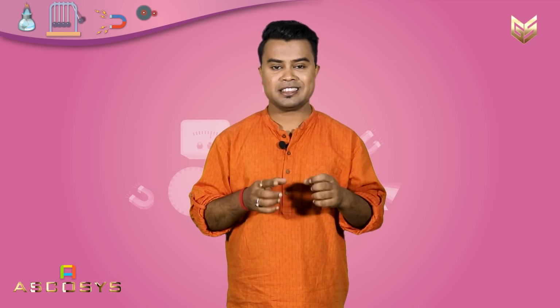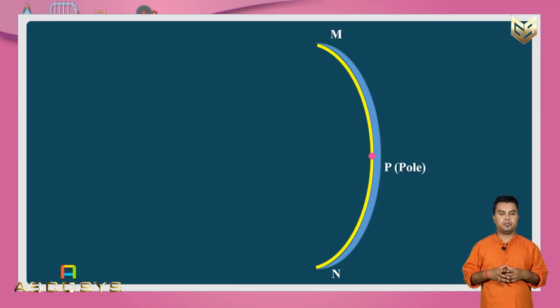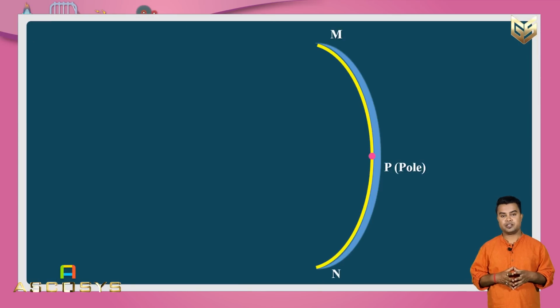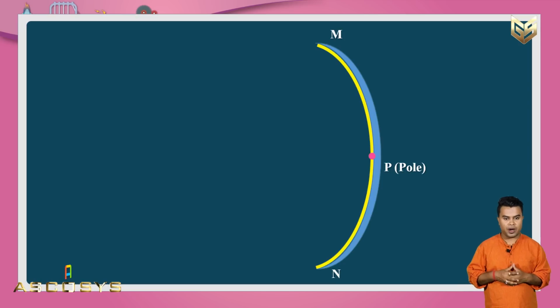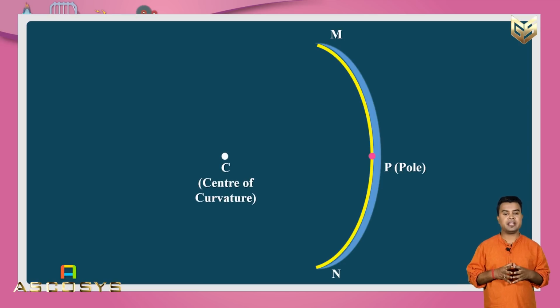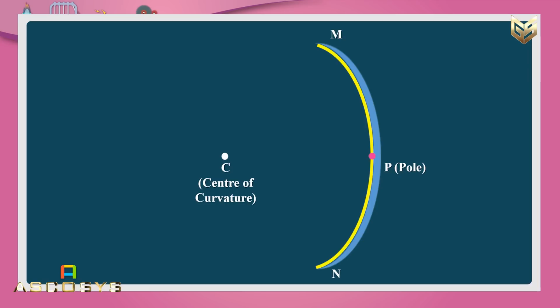Before going for the image formation, let us understand the different parts of the spherical mirror. Pole. Pole is the geometrical center of a convex or concave mirror, that is known as spherical mirror. Now the center of curvature. Center of curvature is the center of the sphere of which the mirror is a part.